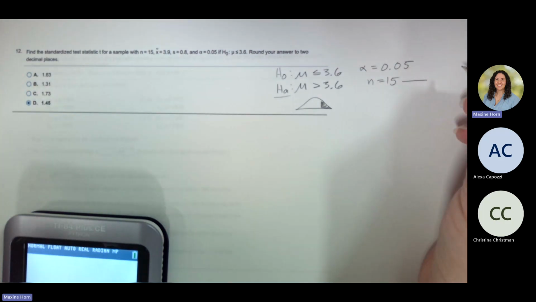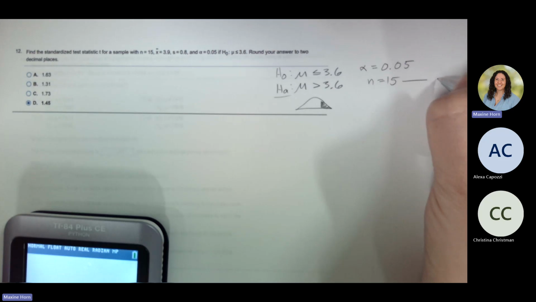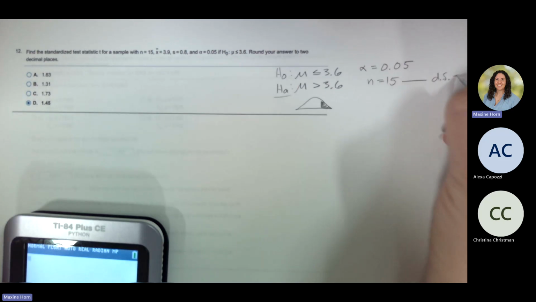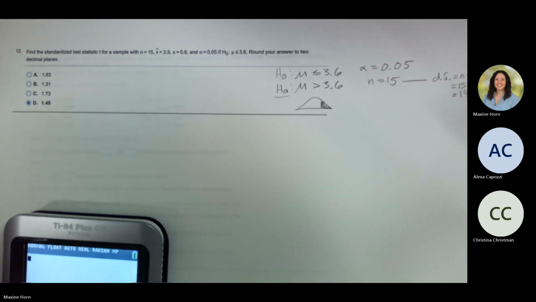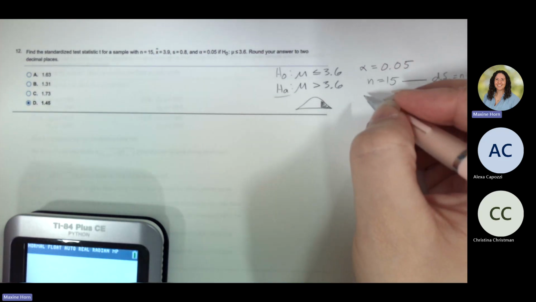Quick note here, if you want to do this by hand, don't forget that your degrees of freedom is n minus 1. In this case, that would be 15 minus 1, so 14. Sorry about that, I'm squished here at this desk and I just knocked the phone over. Okay, what else did they give us?